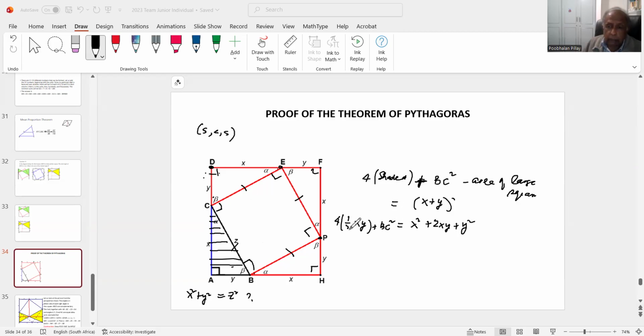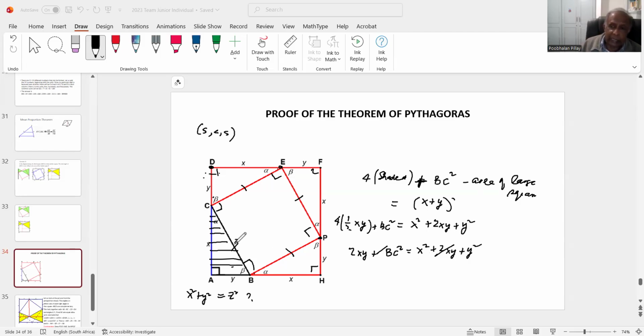Right? The shaded area is the right angle triangle, and we know the area of a right angle triangle is half xy. So you got 2xy plus BC squared is x squared plus 2xy plus y squared. 2xy is actually cancelled, and you're left with, now why am I calling this BC?